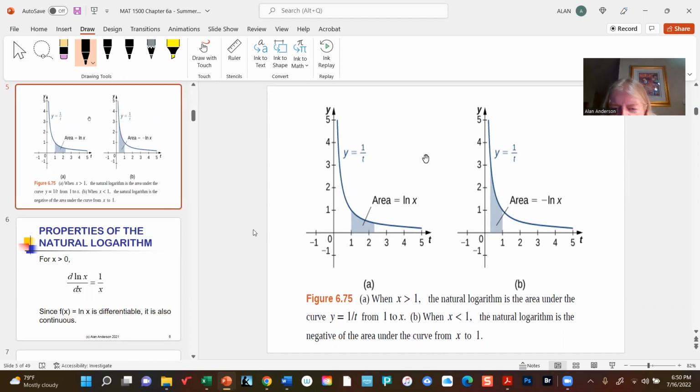In other words, if we chose this value, which looks like it's about 2.2, as our value of x, then whatever this area is represents the log of 2.2. Okay, so in other words, assuming that x is 2.2 here, although they didn't label it very well. If that's our 2.2, then the shaded area is in fact the log of 2.2.